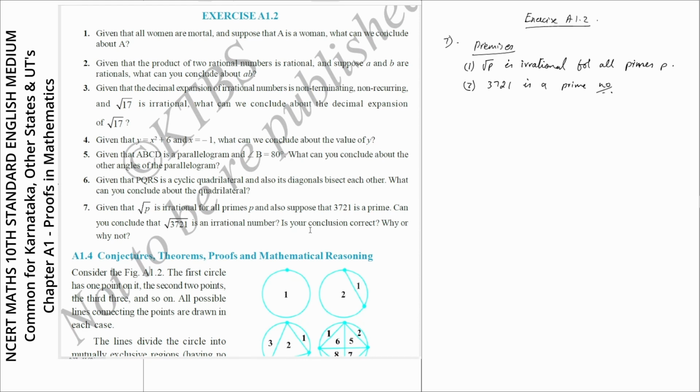So from these two premises we can conclude that square root of 3721 is an irrational number, from the above premises. So we take that the premises are true.